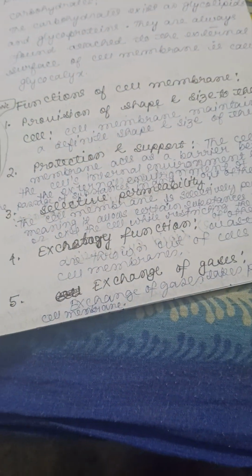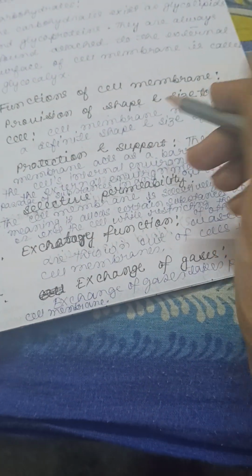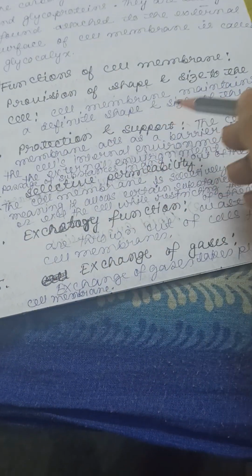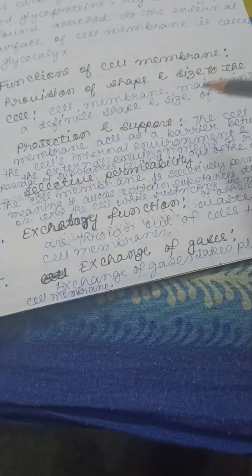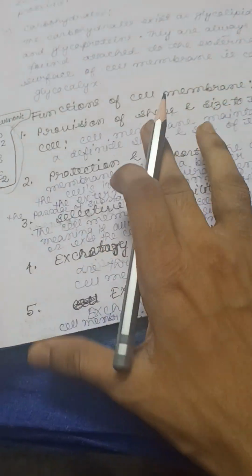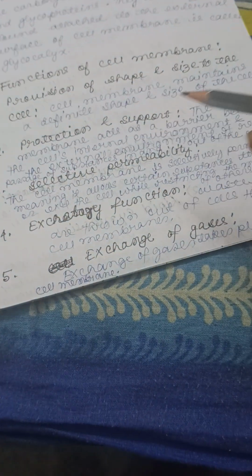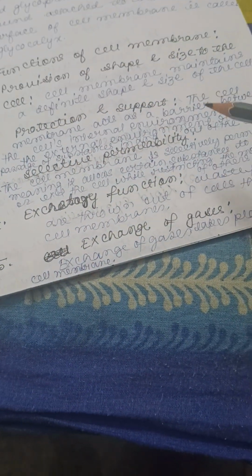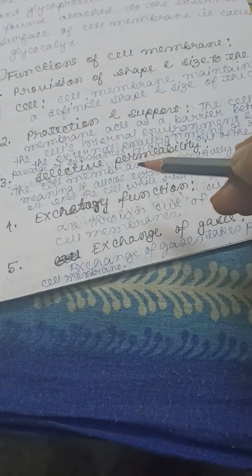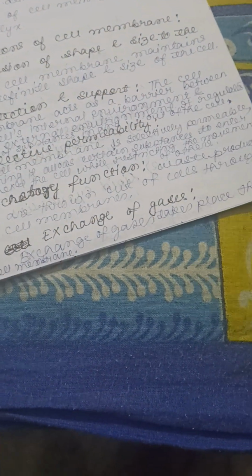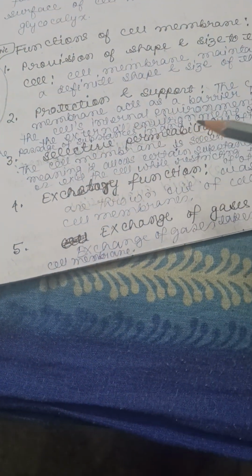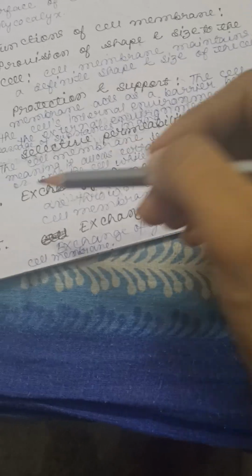At first, provision of shape and size of the cell. The cell membrane maintains a definite shape and size of the cell. Protection and support: the cell membrane acts as a barrier between the cell's internal environment and the external environment. It regulates the passage of substances in and out of the cell.